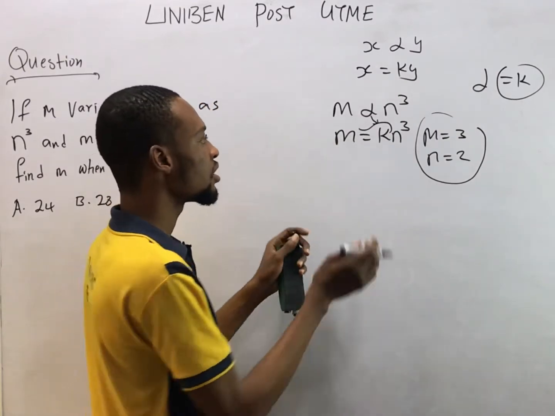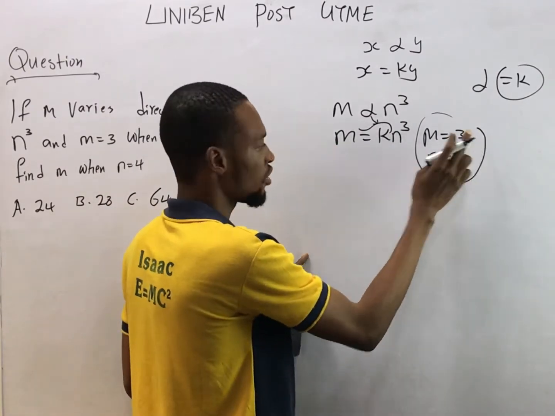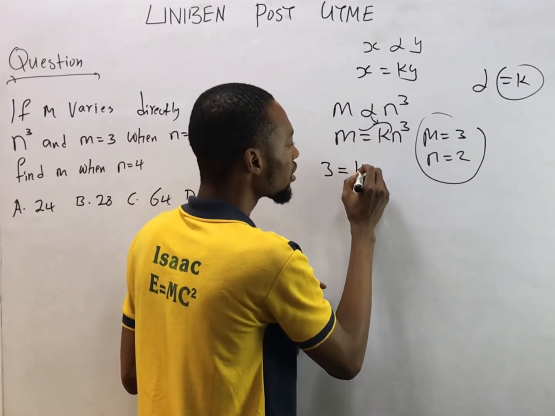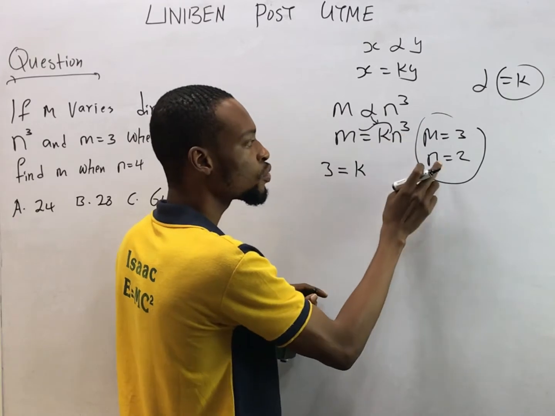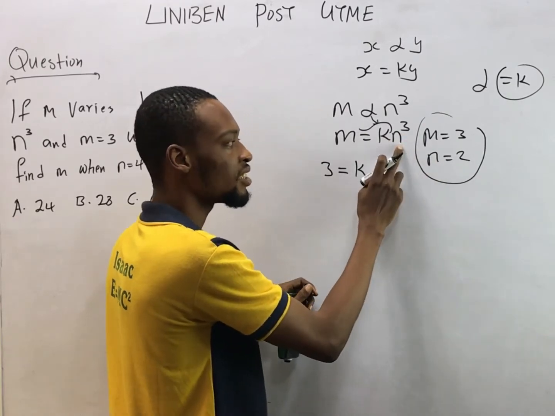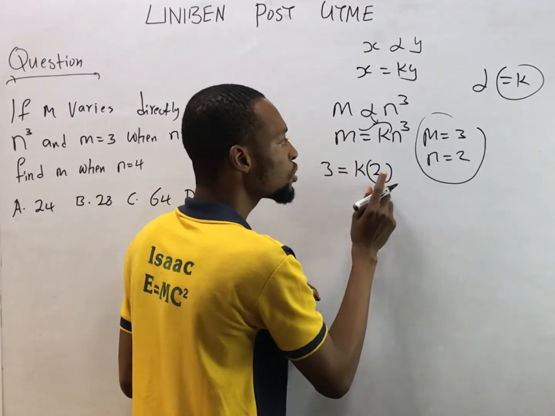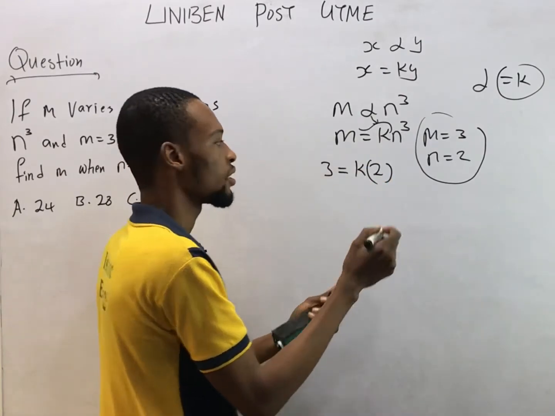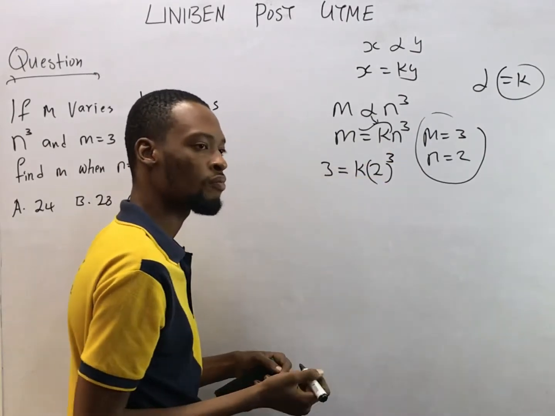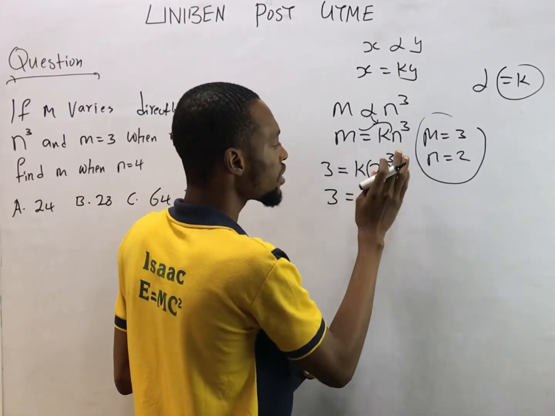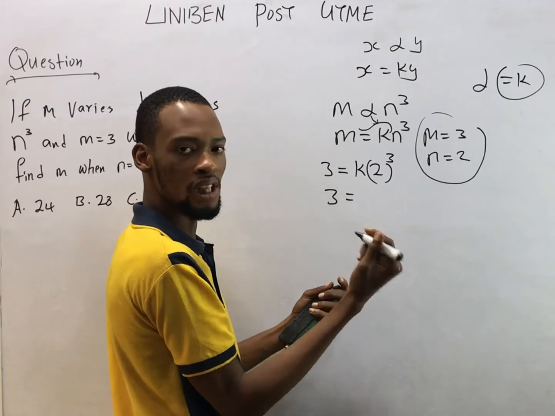Therefore, substituting M is equal to 3, so we put 3 here. Is equal to K. N is equal to 2, so instead of N here, we put 2. But the 2 is raised to the power of 3. So 3 will be equal to K times 2 raised to the power of 3, which is 8. 2 times 2 times 2.